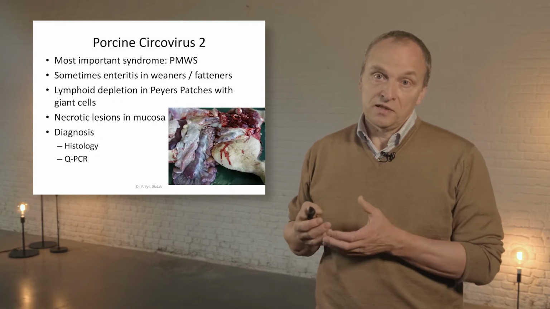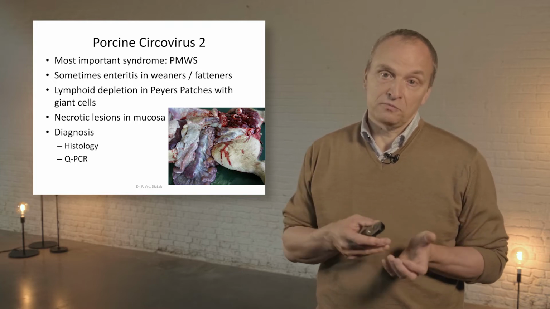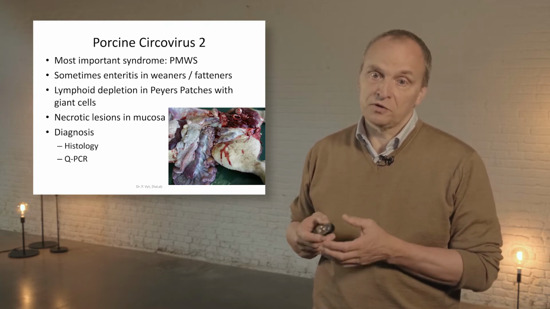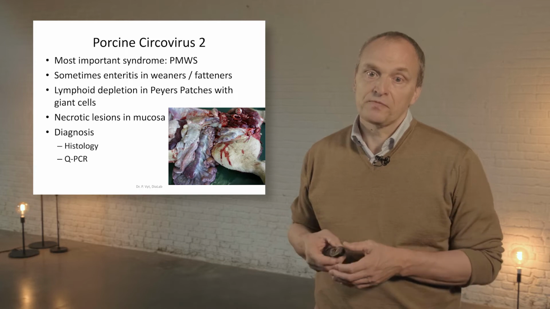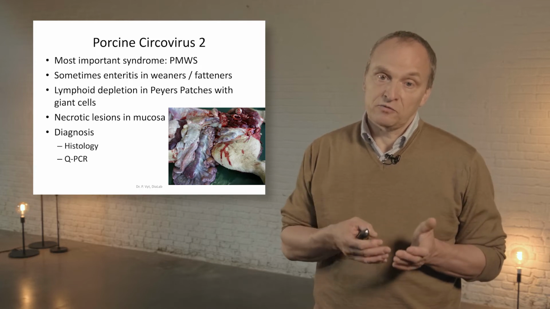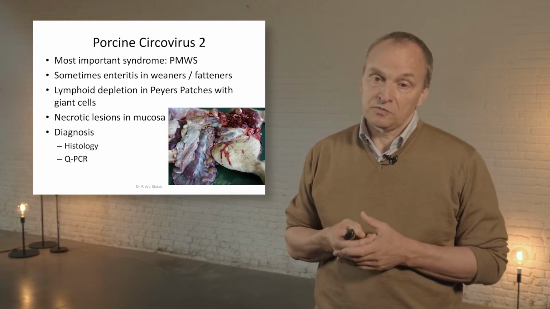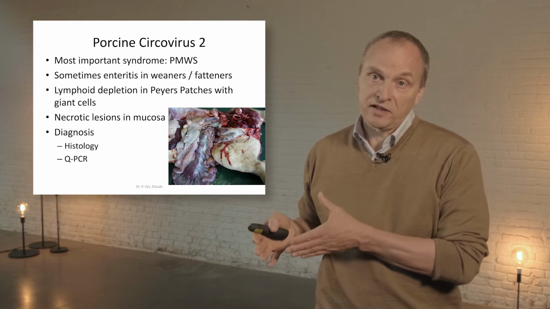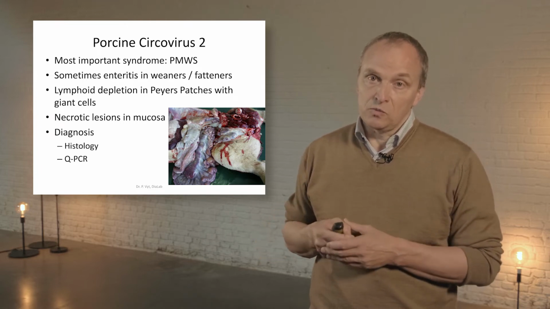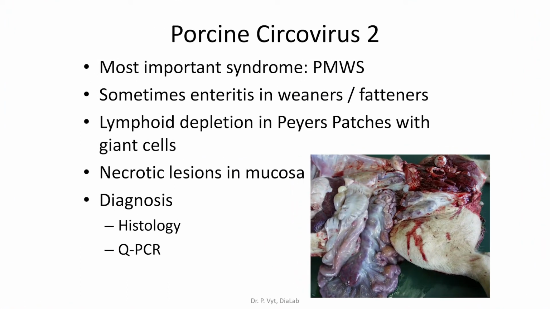PCV2 is known as the cause of post-weaning multisystemic wasting syndrome, but it can also give enteritis, sometimes in weaners and fatteners mostly. We see a lymphoid depletion within the lymph nodes of the intestine, and you can also see on the slide that the intestinal lymph nodes are very swollen. And sometimes in the mucosa you can also see necrotic lesions.